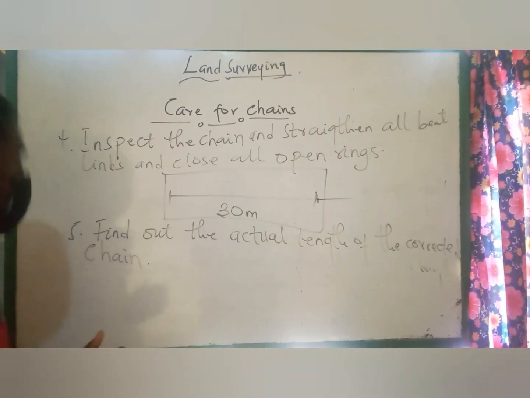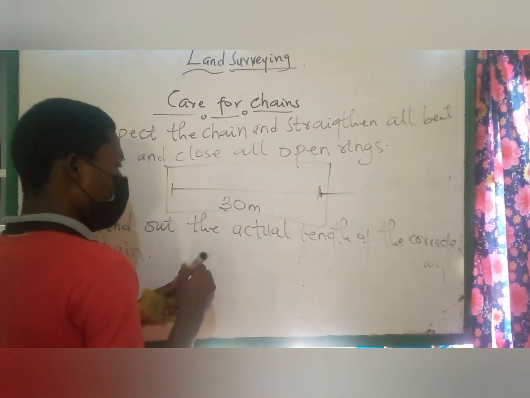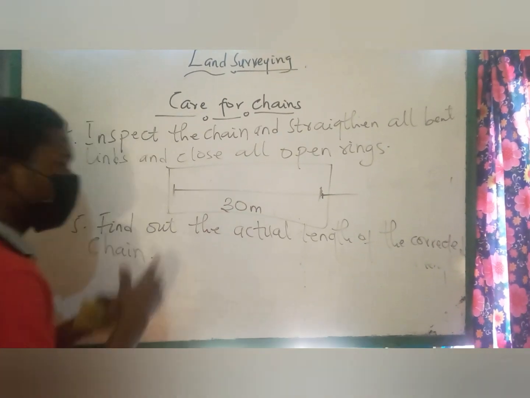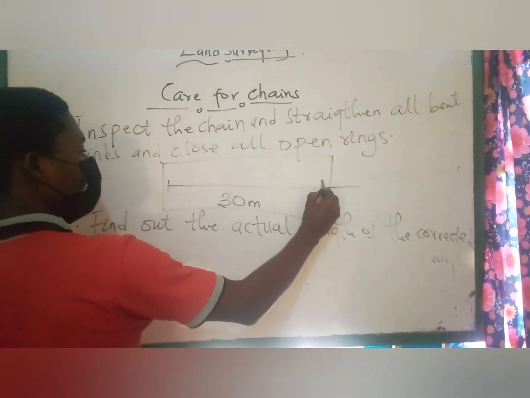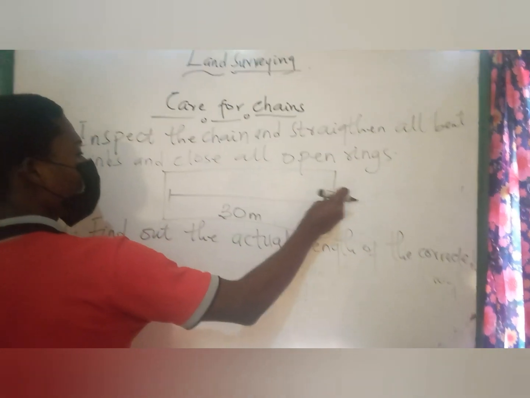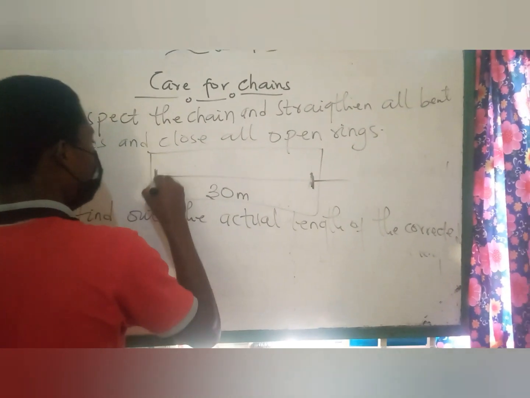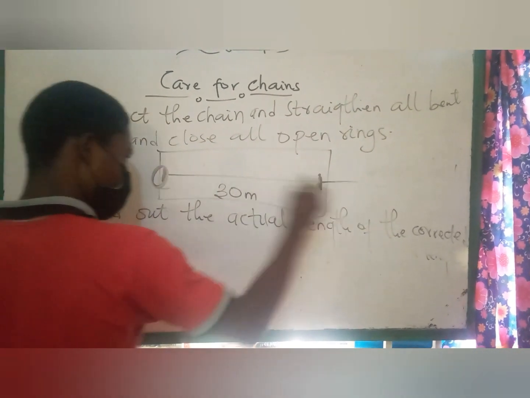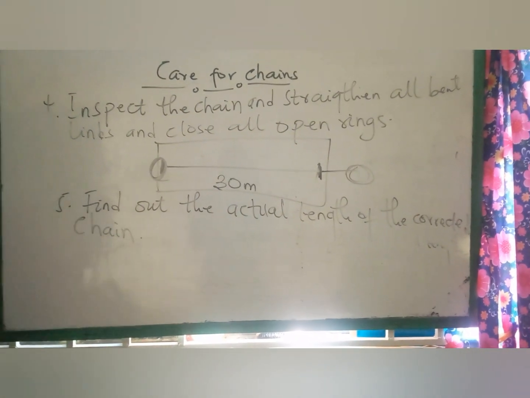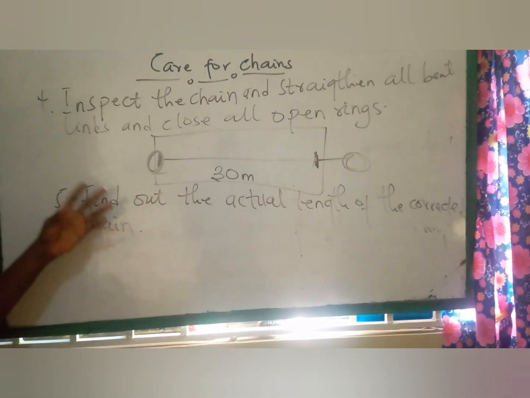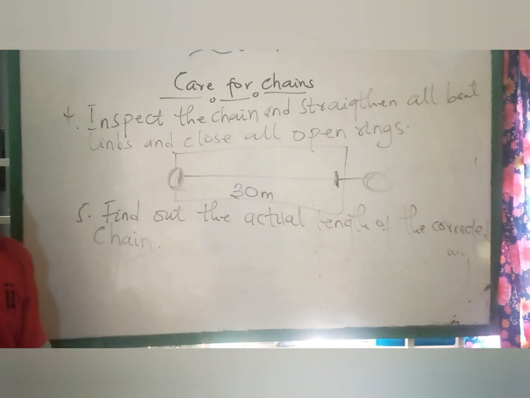So if I found out that my range is, let's say, within the range of 30 meters, the reason why I'm using 30 meters is because you have a 30 meter type A and a 30 meter type B. So if I want it up to 30, I delink it and I keep the ending point of the chain at this very point. Then I have to find the actual distance from the starting point to the ending point, and I have my actual length. So these are the steps one has to go through to correct his or her faulty chain systematically before you take it to the field.